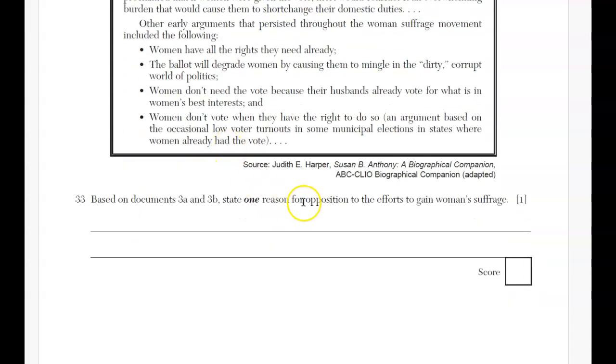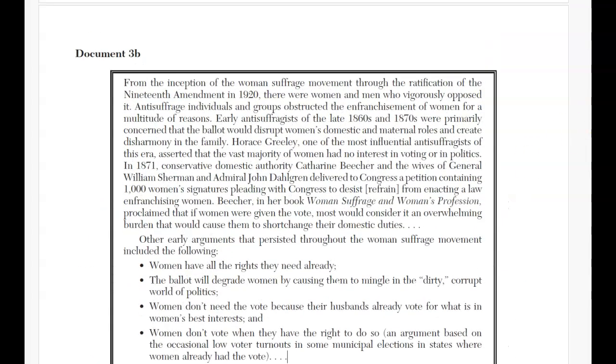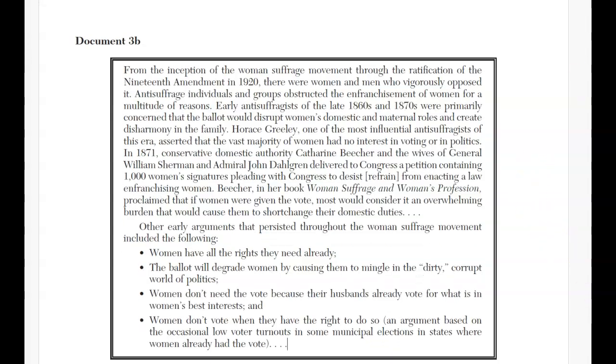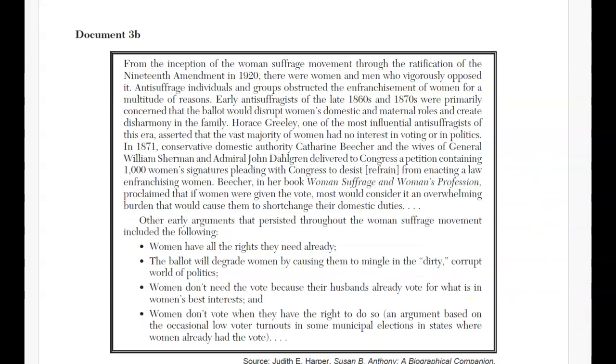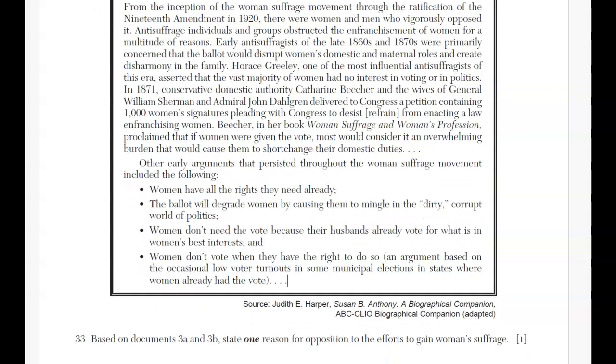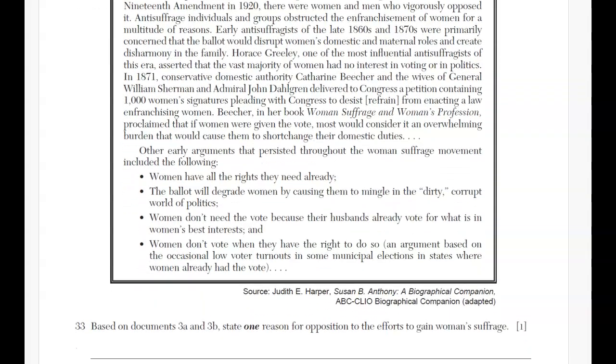Based on 3B, state one reason for opposition to the efforts to gain women suffrage. So a good answer here, one that I would be comfortable giving full credit for, is not "women have all the rights they need." That is not the answer. The correct answer would be they said, or some people argued, that women have all the rights they need.